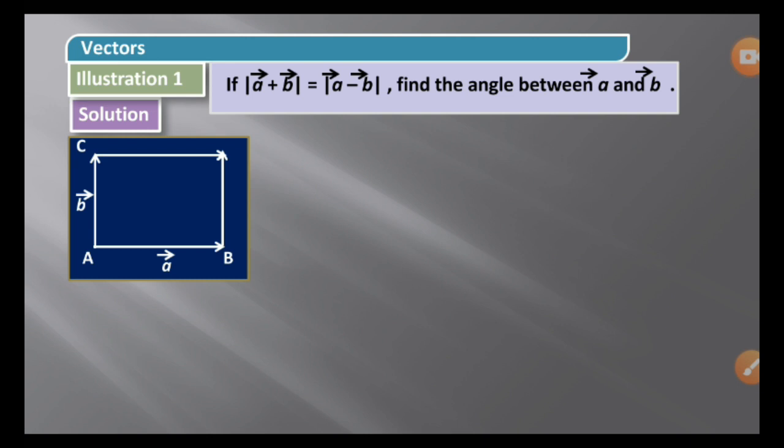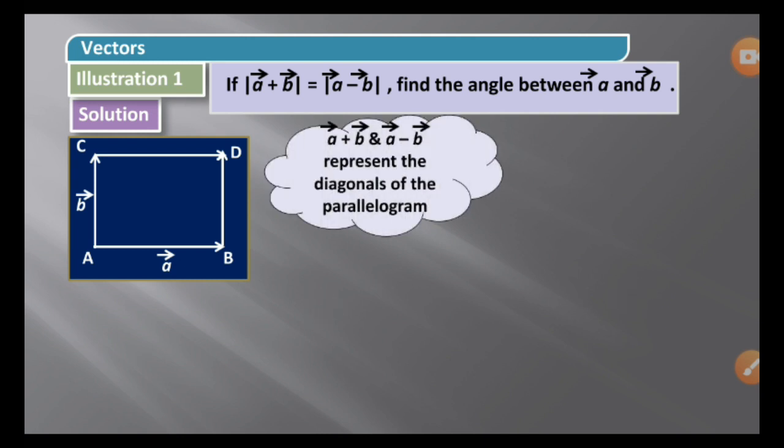Now consider another point D. Here we have taken the vectors CD and BD. Here A plus B and A minus B represent the diagonals of the parallelogram. As we have seen in the previous slide, these are the diagonals of the parallelogram, that is the A plus B vector and the A minus B vector.